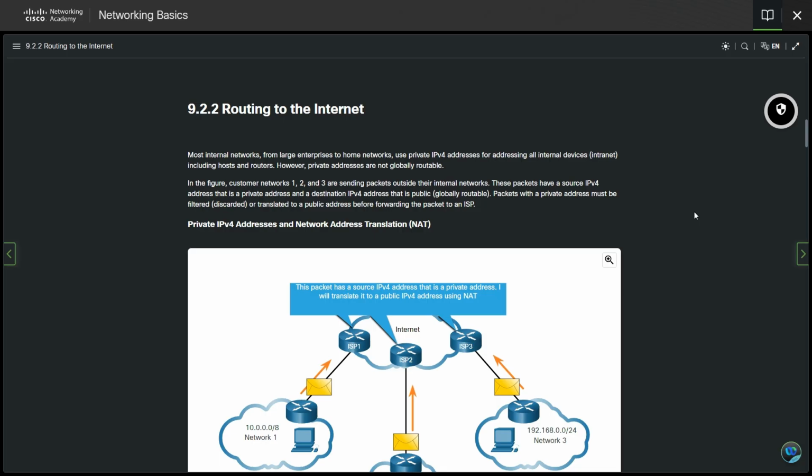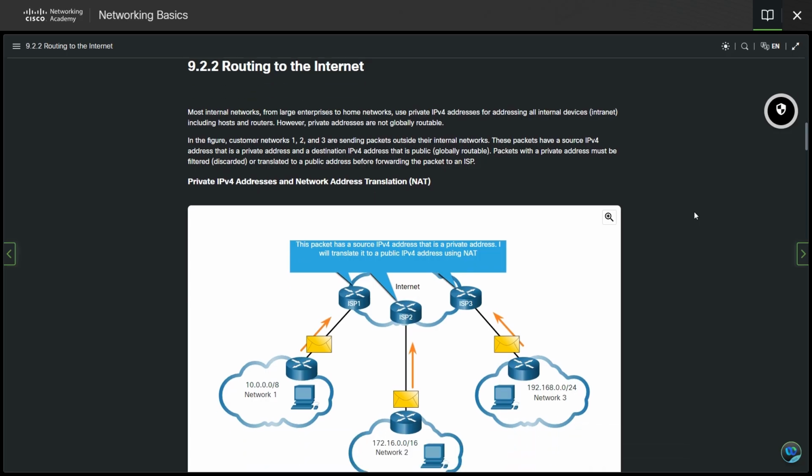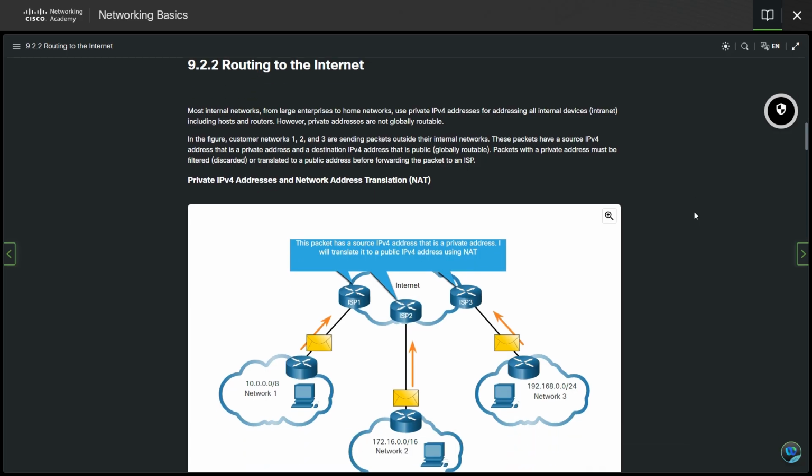These packets have a source IPv4 address that is a private address and a destination IPv4 address that is public, globally routable. Packets with a private address must be filtered, discarded, or translated to a public address before forwarding the packet to an ISP. Private IPv4 address and network address translation (NAT).